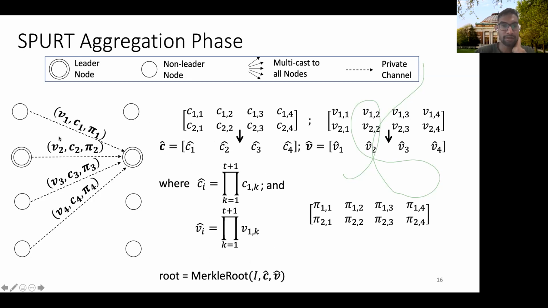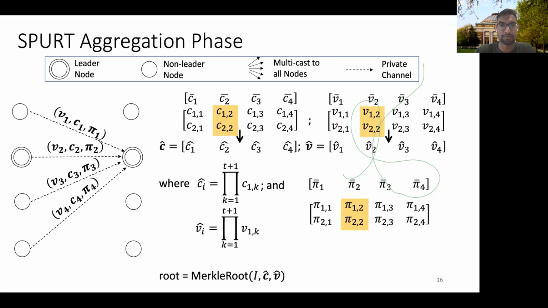If the leader used the commitments from node 1 and node 2, then I will contain the set 1 and 2. If it is 3 and 4, I will contain the set 3, 4. So I just indicates which rows the leader aggregated, and C hat and V hat are the aggregated polynomial encryptions and the commitments.